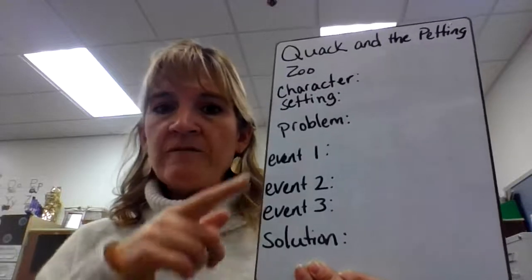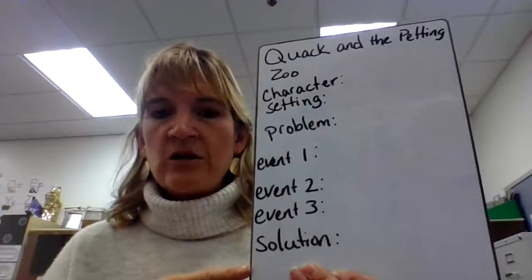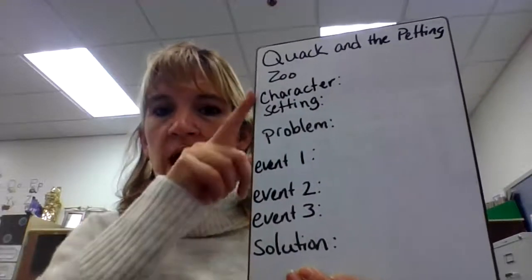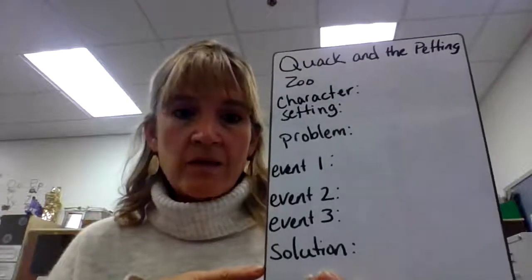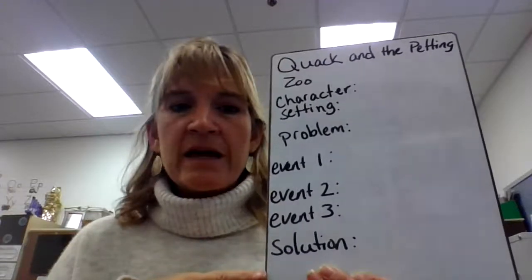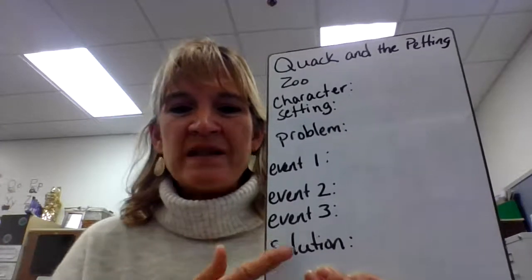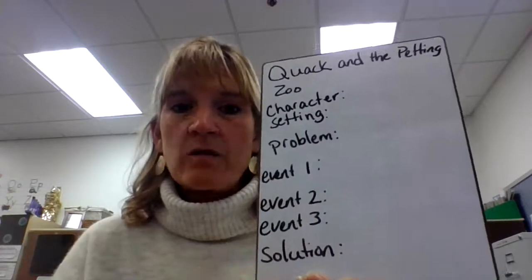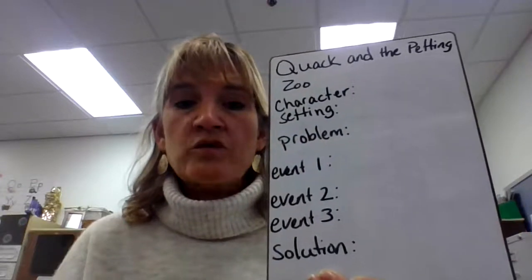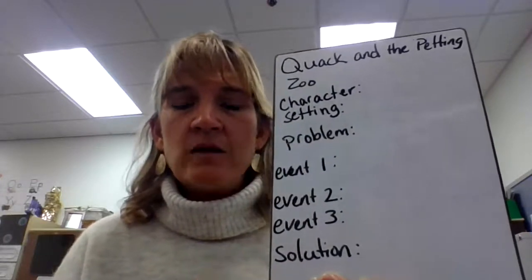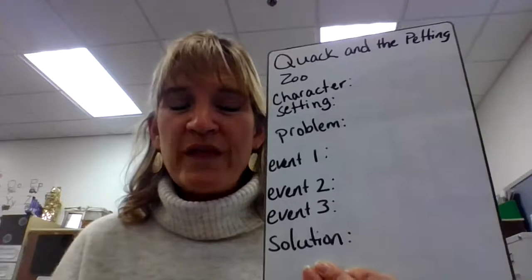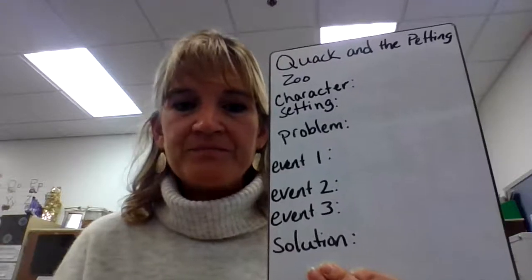Push pause on your video and write this on your paper. You can write a word on every line or every other line. You're not going to need a lot of room because we're only going to be writing 1 or 2 words next to each thing. All right? So push pause, get your chart made. Once it's made, push play, and we'll get started again.